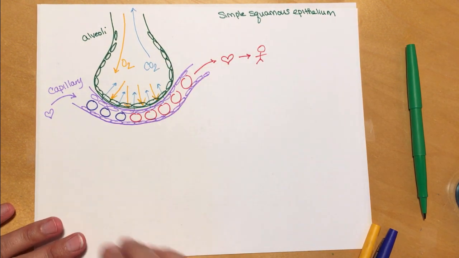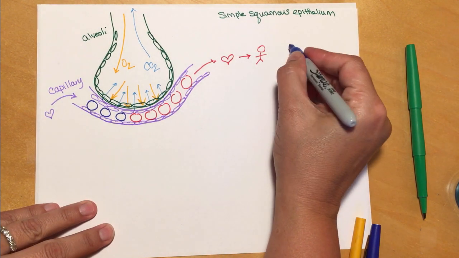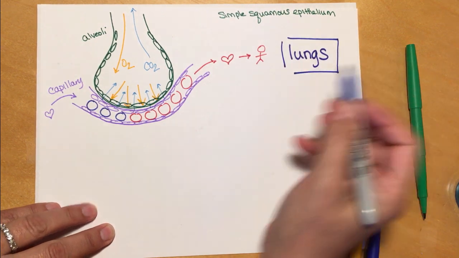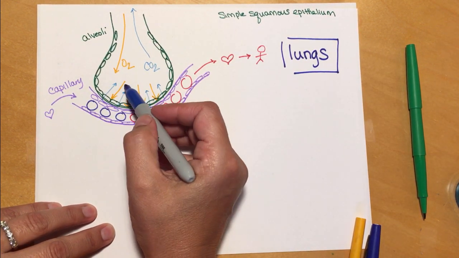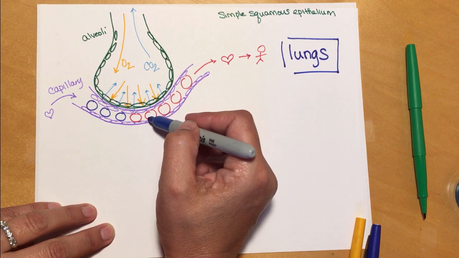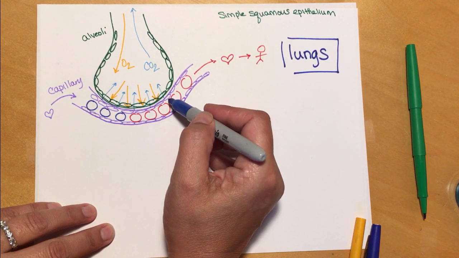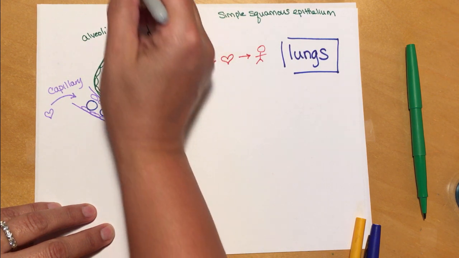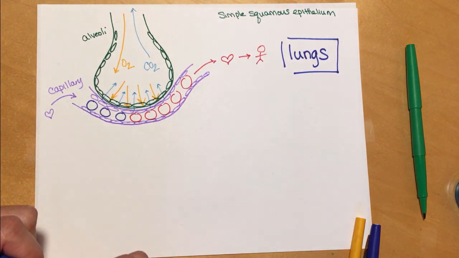So this is what happens in the lungs. Oxygen comes in, enters the capillaries, and is picked up by the red blood cells. CO2 that's already in the blood leaves the blood, enters the alveoli, and is then exhaled out of the body.